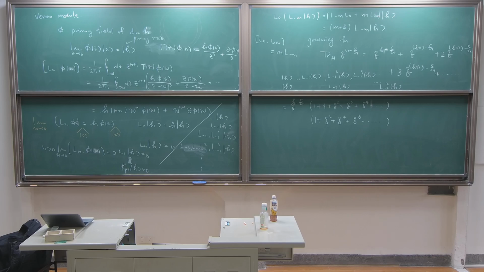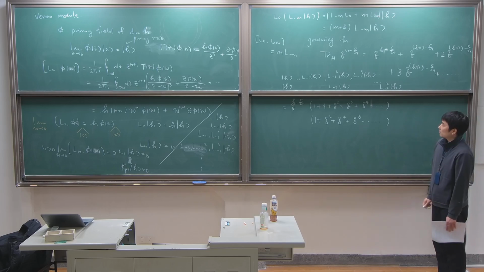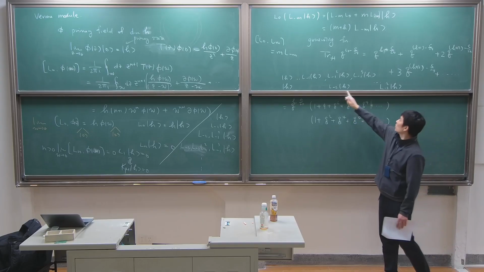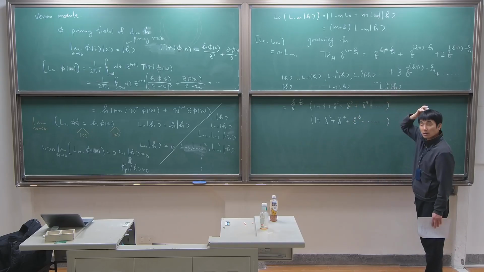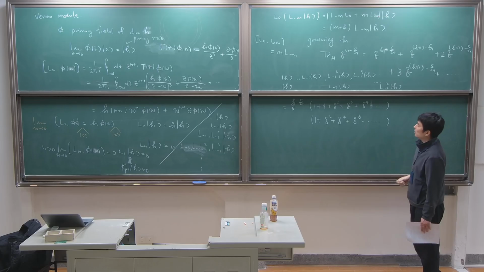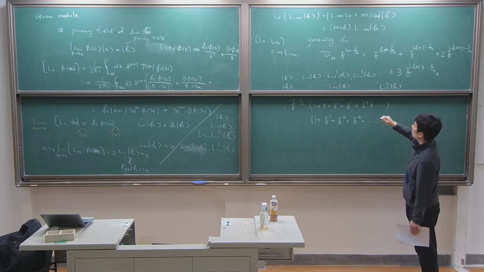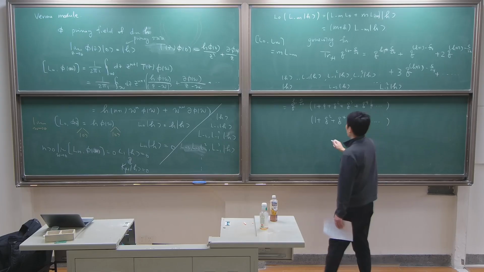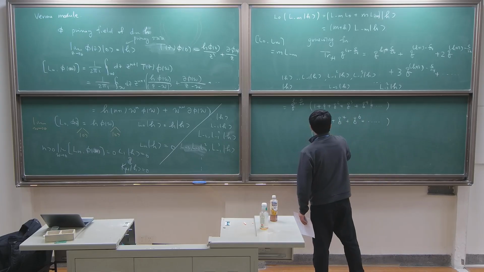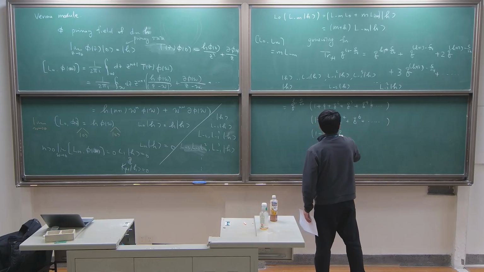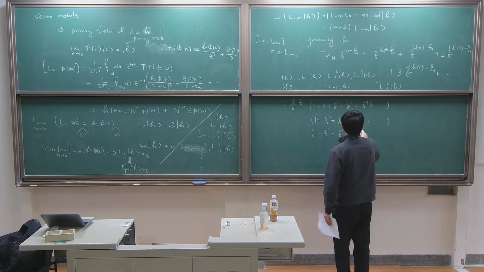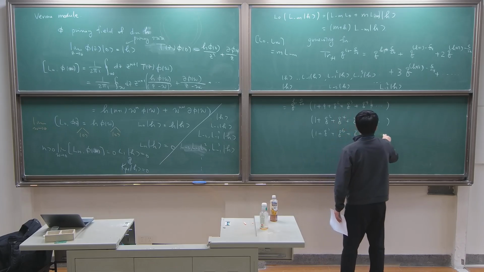That's the contribution coming from the L minus 2 powers. Likewise, for L minus 3, you have 1 plus q cubed plus q to the 6 plus q to the 9, and so on.